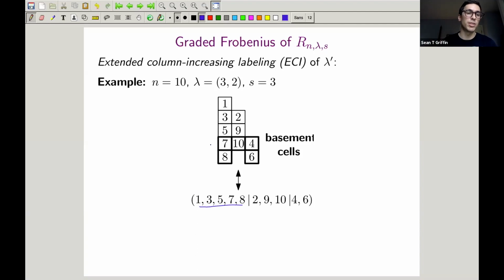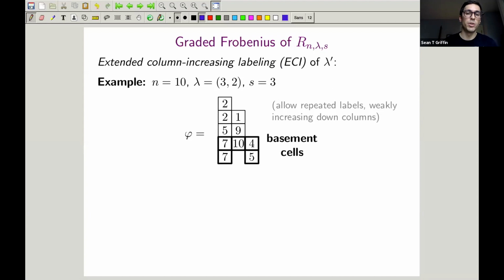We'll call those basement cells. And an extended column increasing labeling is where we do the same thing, but we allow repeated labels in a column as long as it weakly increases down each column. So here I have multiple 2s, but that's okay because it weakly increases down the column.